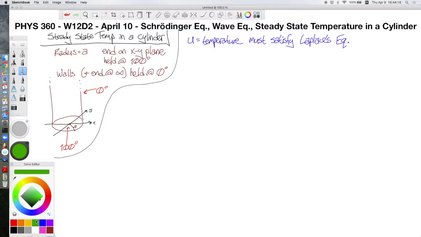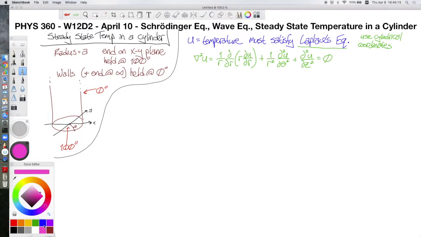So I'm going to write down Laplace's equation in cylindrical coordinates, which is given as the Laplacian of u equals 1 over r times del by del r of quantity r times del u del r plus 1 over r squared del squared u by del theta squared plus del squared u by del z squared all equals 0.